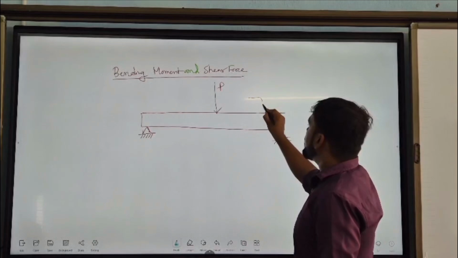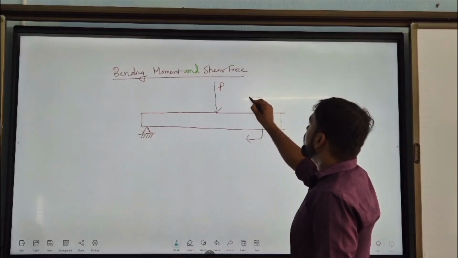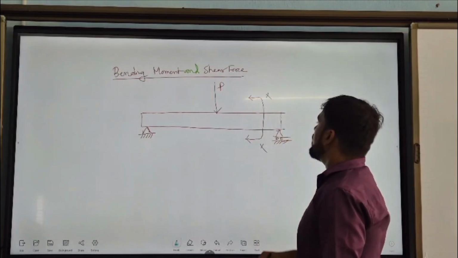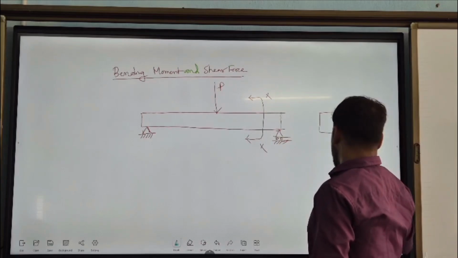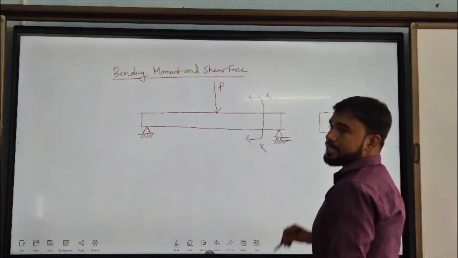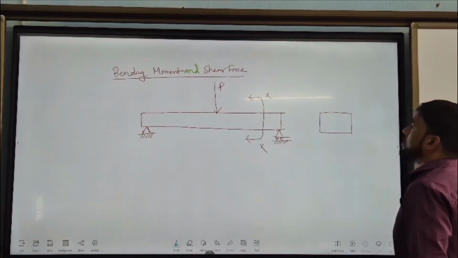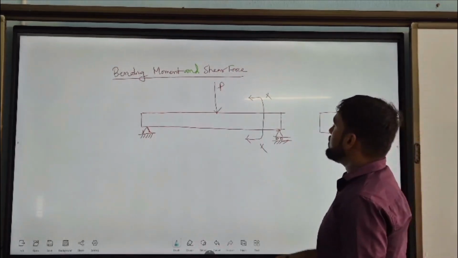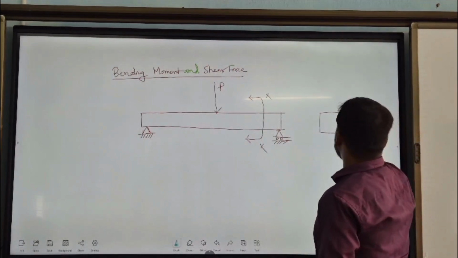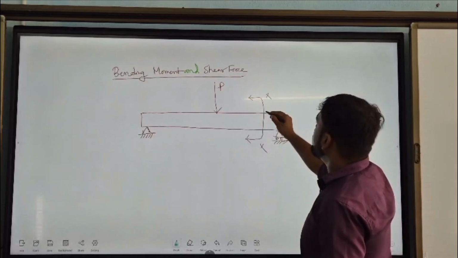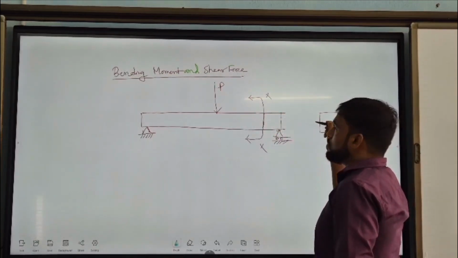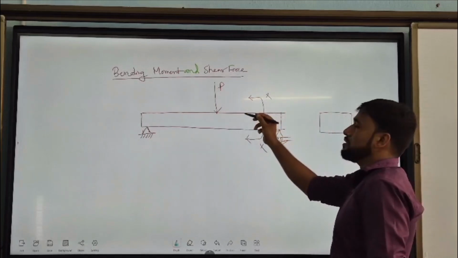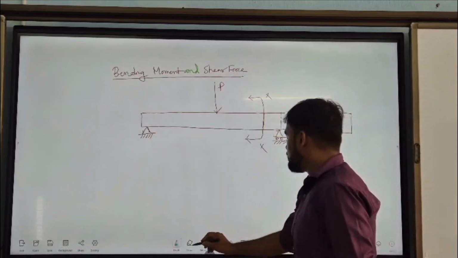Then, if you cut this beam at section XX, what does it look like? You will see a rectangle. Okay. Actually, what happens? Suppose you cut here and look on this side. What exactly is happening?